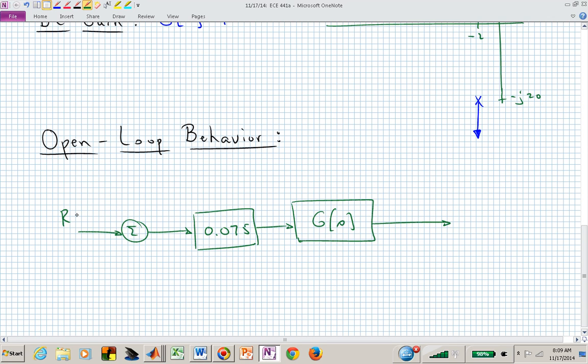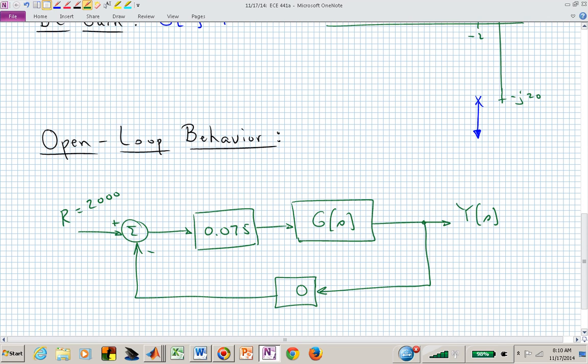Here is our reference, and let's say that that's now 2,000 counts. In this case, I'm going to have 0 for my feedback, and I would like to know what's going to happen to the output Y. This is what I would consider open loop. We have nothing being fed back.